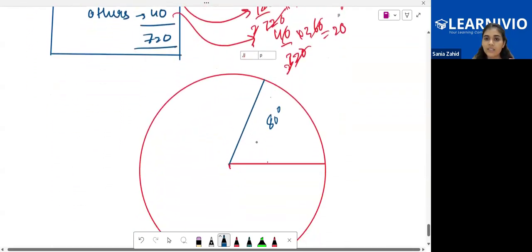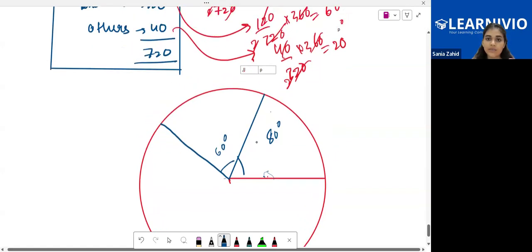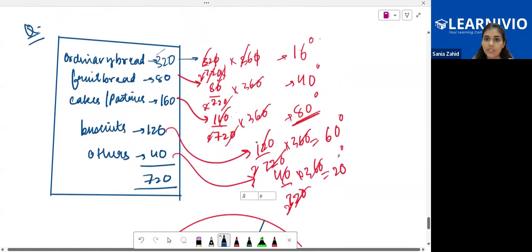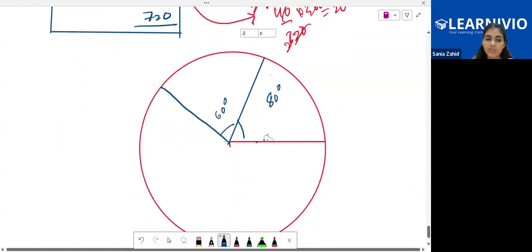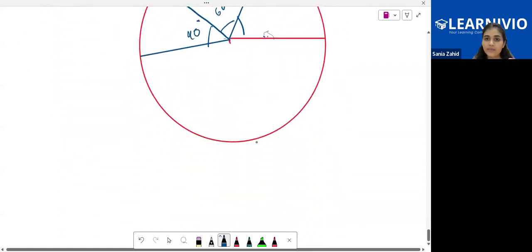Then it is 60 degree. Just keep your compass here and draw 60 degree. 60 degree will look something like this. Okay, this is 60 degree. This was 80 degree. Then you have 40 degree. So 40 degree looks something like this. Okay. Then you have 20 degree.